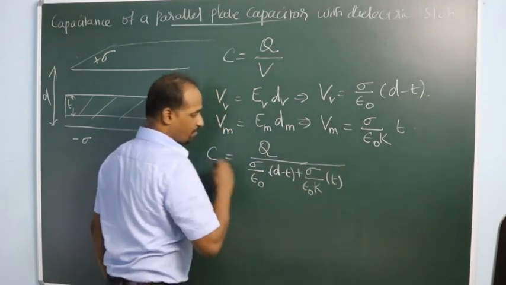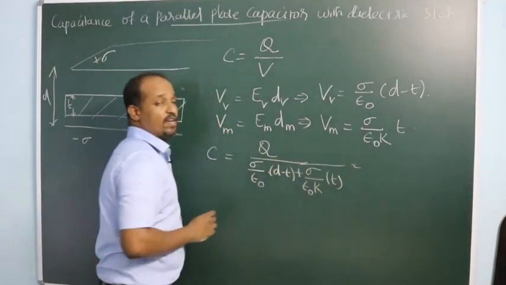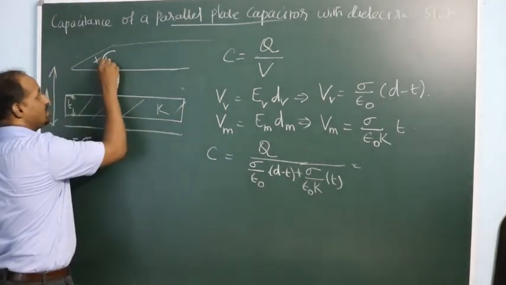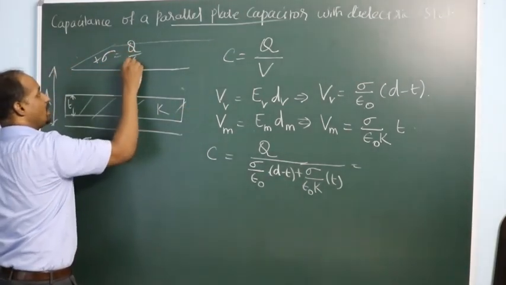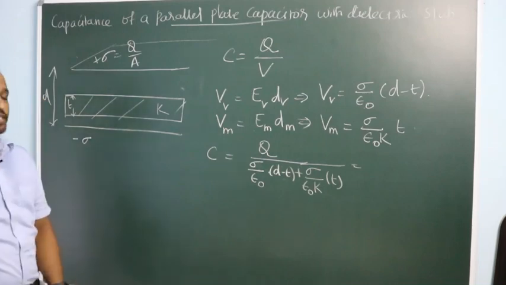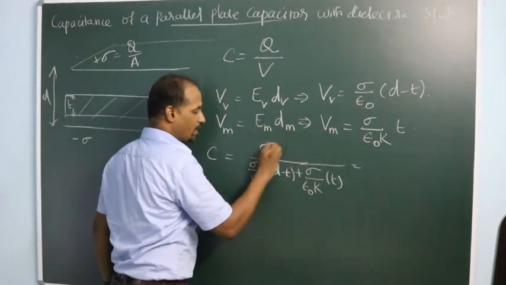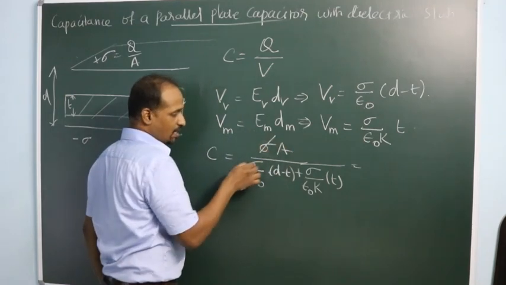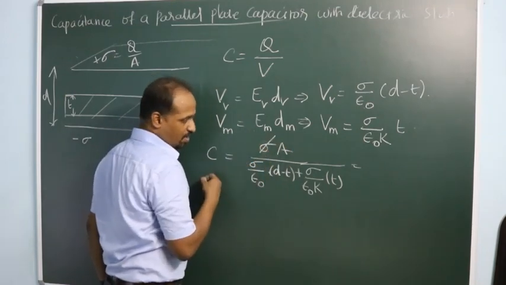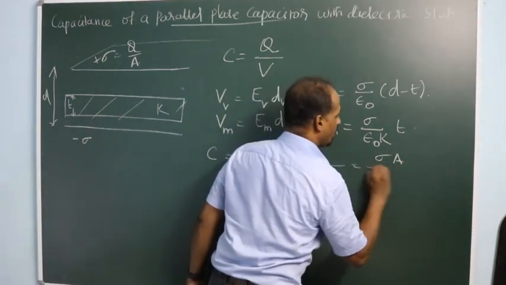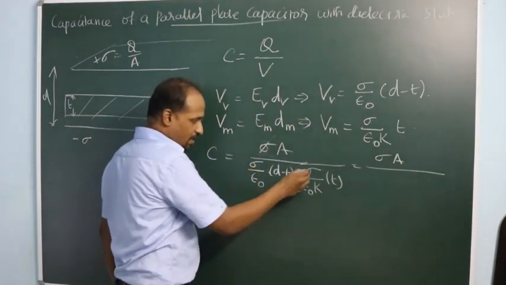t. Because it's a sheet and the charge density sigma is actually charge by area, the charge can be written as sigma into A. With the charge written as sigma into A, you need to take sigma out. So what we can do is sigma A divided by sigma by epsilon naught, which is common.